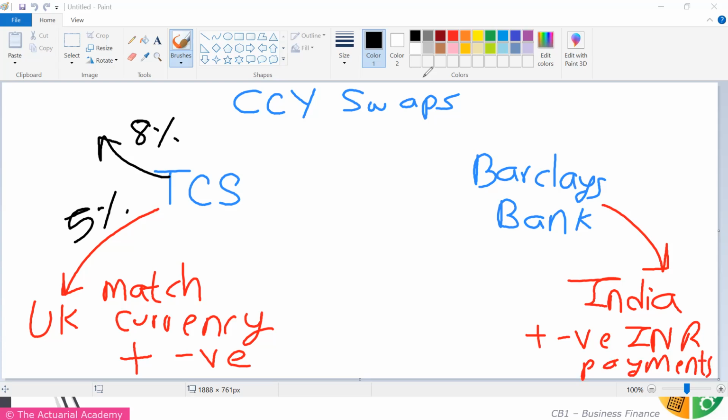If it takes out a loan from its own domestic country in GBP, and it earns in INR, then you need to pay all the EMIs in GBP. You are earning in INR, so there'll be all these currency conversion issues, and you will end up making a loss, and there is so much currency risk that you will be facing.